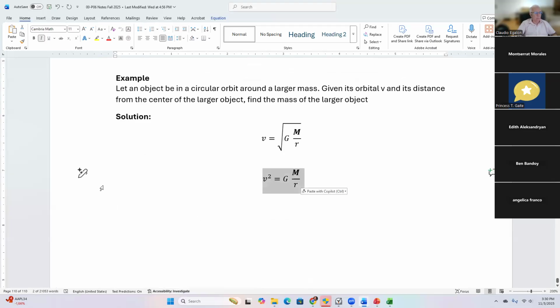We want to find the mass of the central object. It's going to be v squared r divided by big G. That's going to be the mass of the larger object, v squared r over G.